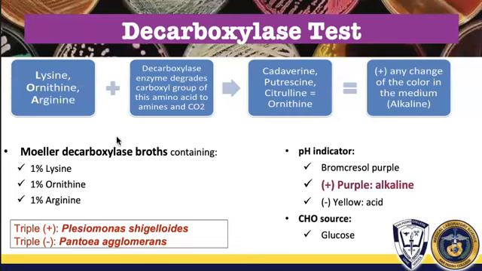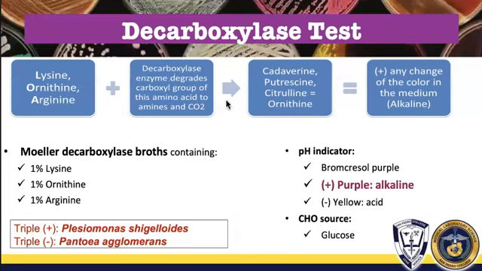The culture medium here is Moeller decarboxylase broth, or you can also use LIA. The Moeller medium contains 1% lysine, 1% ornithine, and 1% arginine, and of course, glucose is present. The organism has to ferment it to produce acids, and when acids are produced, that provides the perfect environment to activate the decarboxylase enzyme.